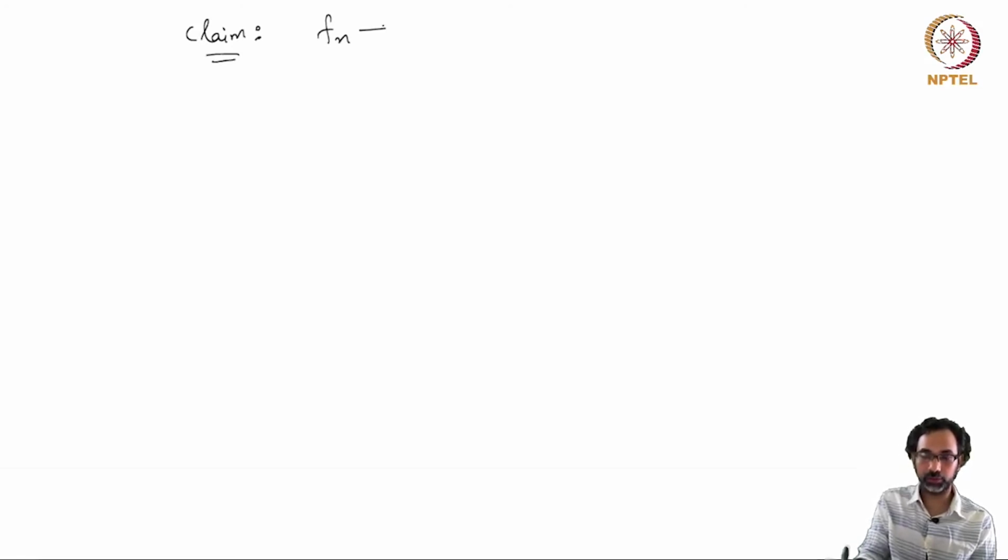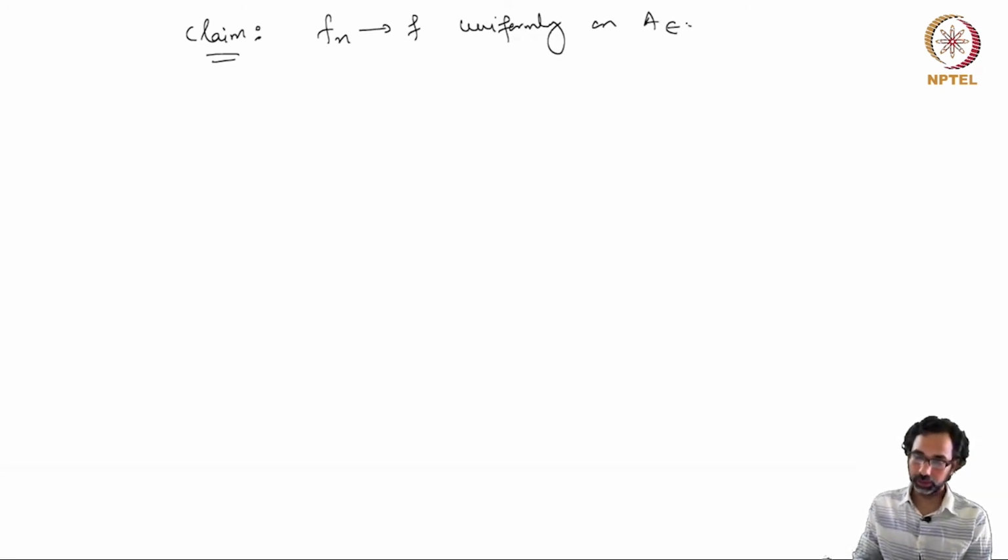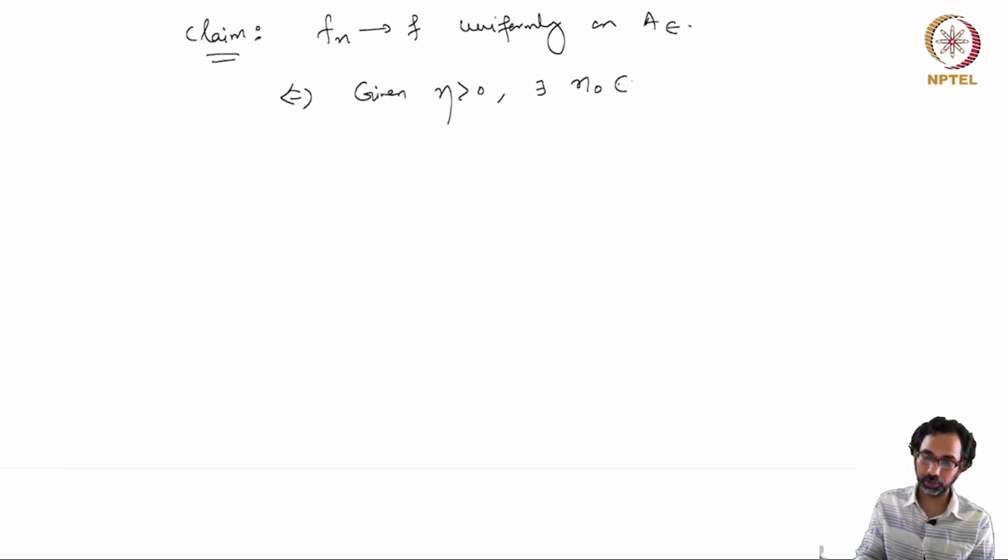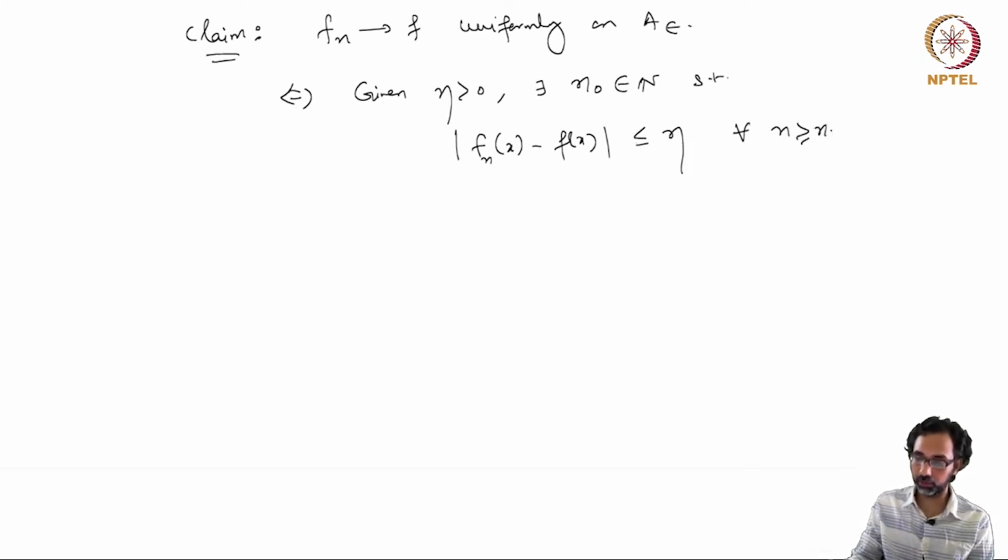f_n converges to f uniformly on A epsilon. So in other words, given eta greater than 0, there exists a number n naught in capital N such that the modulus of f_n(x) minus f(x) is less than or equal to eta for all n greater than or equal to n naught and for all x in A epsilon.